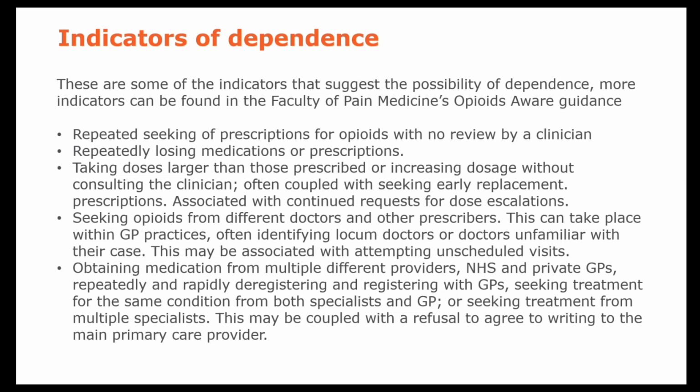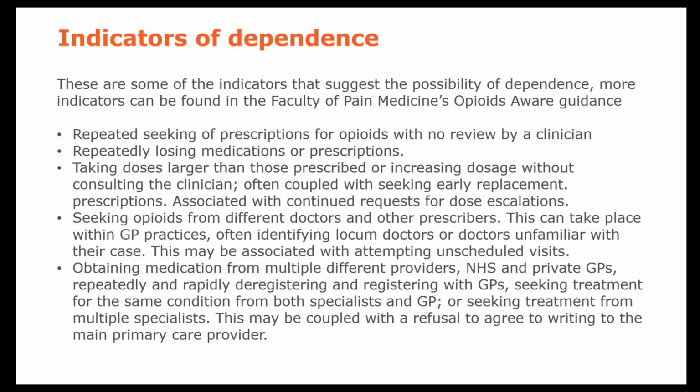Some that we would like to highlight today are repeated seeking of prescriptions for opioids with no review by a clinician, repeatedly losing medications or prescriptions, taking doses larger than those prescribed or increasing dosage without consulting a clinician, often coupled with seeking early replacements, prescriptions, associated with continued requests for dose escalations.